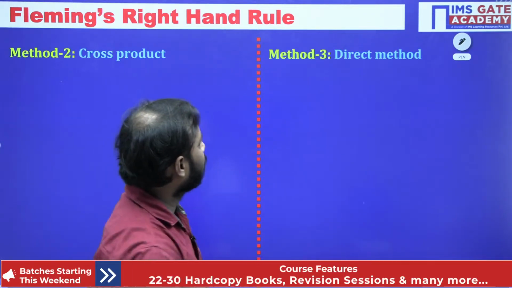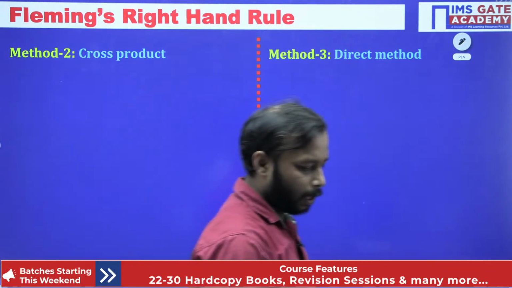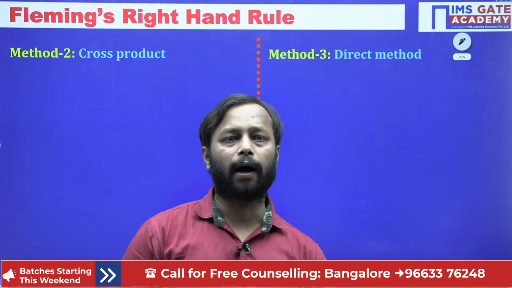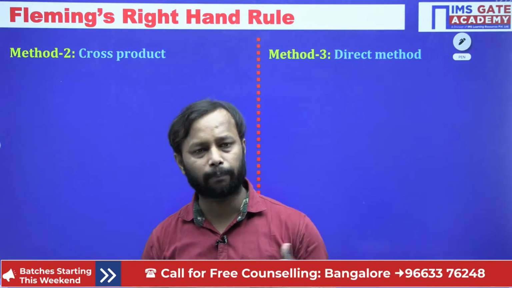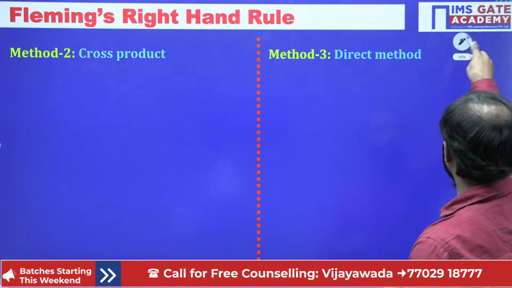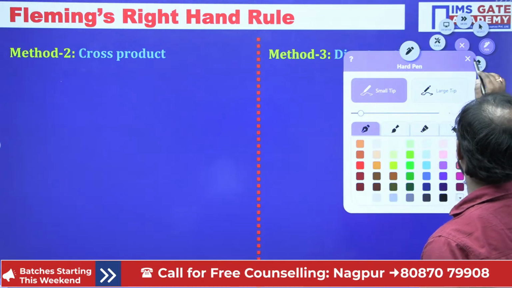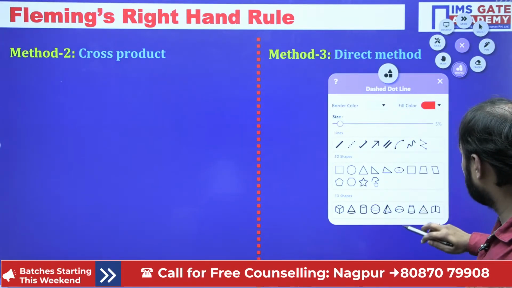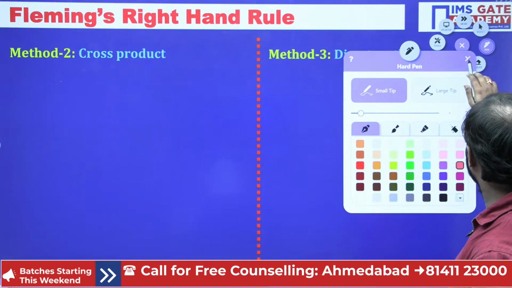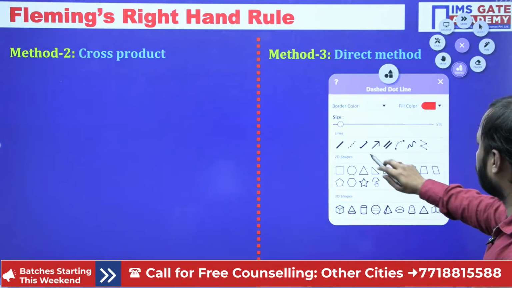Now let us come to method 2, that is the cross product. Here I am going to use the basics of electromagnetic field theory. Here I am going to fix the direction of every quantity.